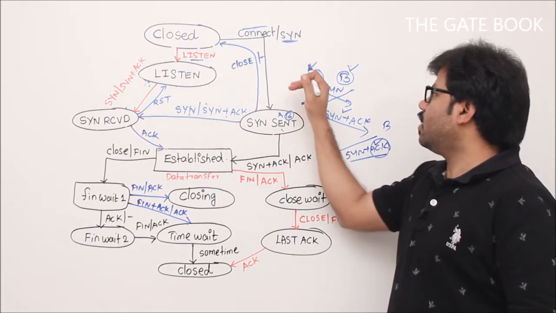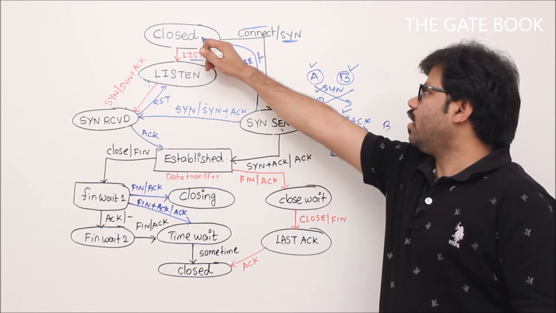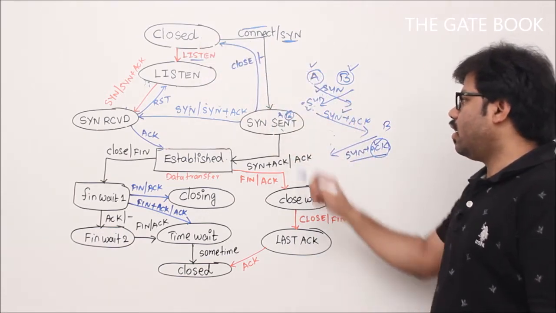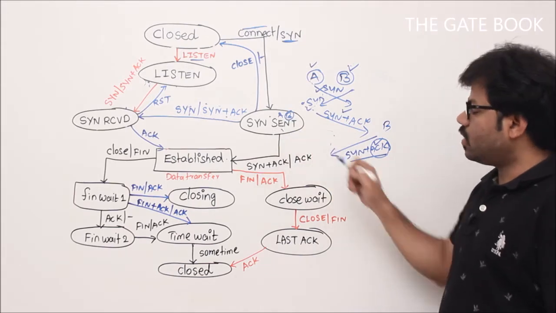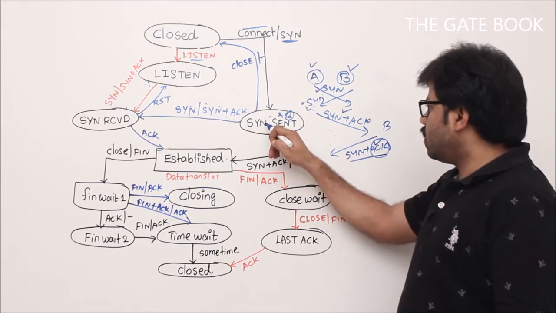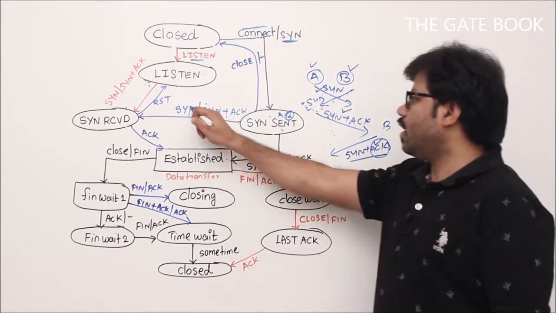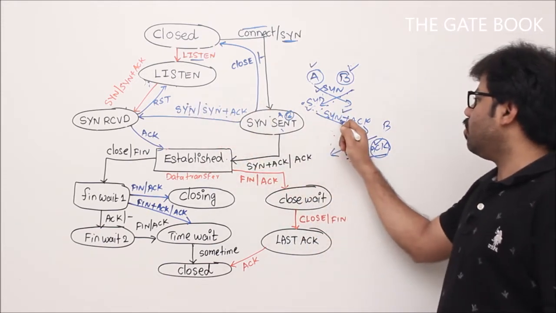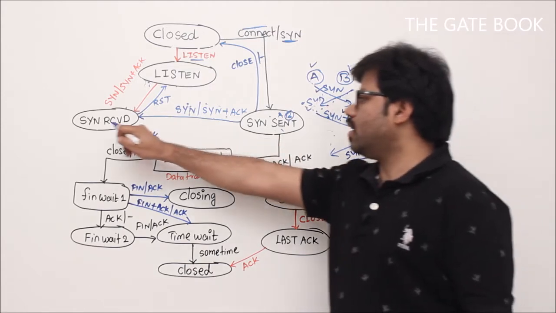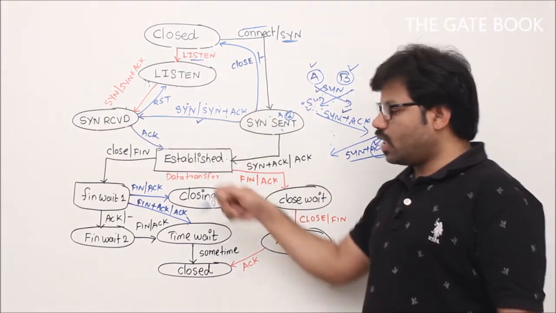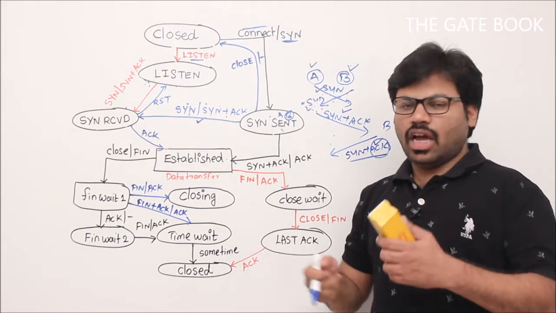Now we'll see what happens in this simultaneous open process. Let's take A. Initially A is at the closed state. After sending SYN, it goes to the SYN sent state. Then it gets a SYN packet, sends SYN plus ACK, and reaches the SYN received state. This is the new edge. All the blue things I am going to teach are generally unusual.